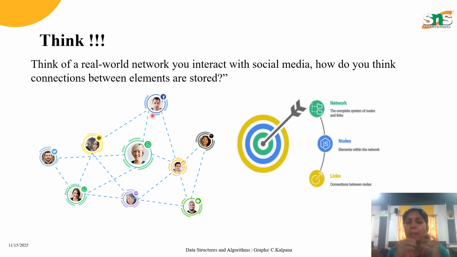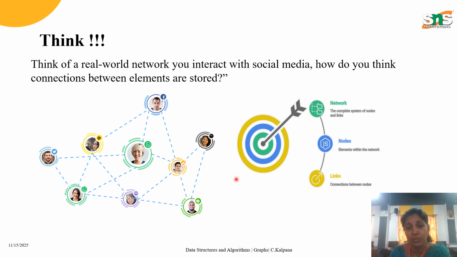So how can we maintain these relationships, and how can we store the details of the particular person and also the relationship between these person, X and Y, Y with A. So like that, how can we maintain those relationships, and how can we store the details of those persons? So for storing the relationship as well as the details of a particular person, we need a special data type called graph data structure. So that only we are going to discuss in this session.